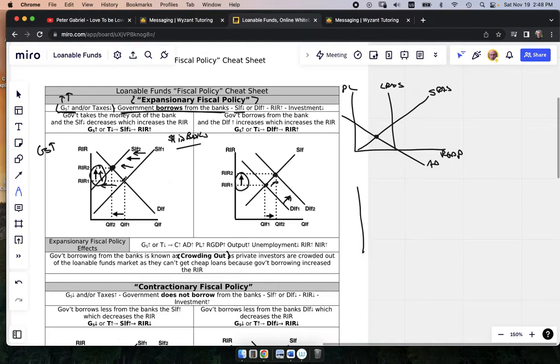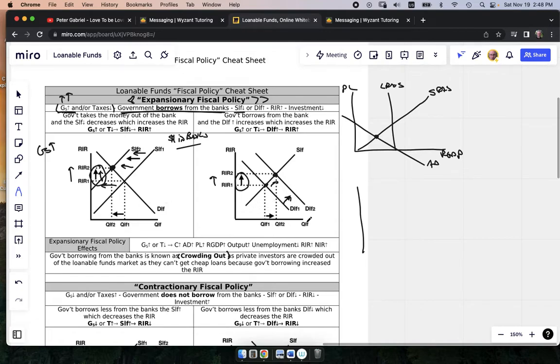So we should just know that either one of these is perfectly acceptable for you to show when they say draw a correctly labeled graph. Either one of these is acceptable for explaining why expansionary fiscal policy is going to raise that real interest rate. I would choose one, and I'm a supply guy when it comes to government spending.